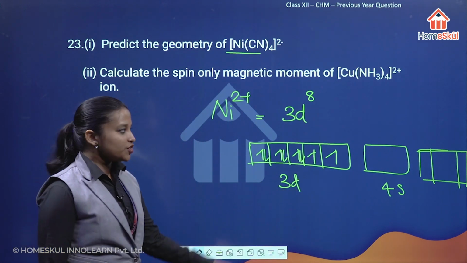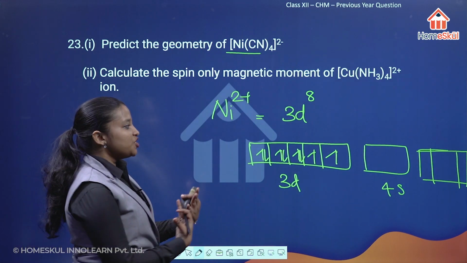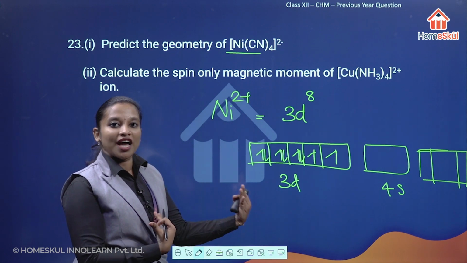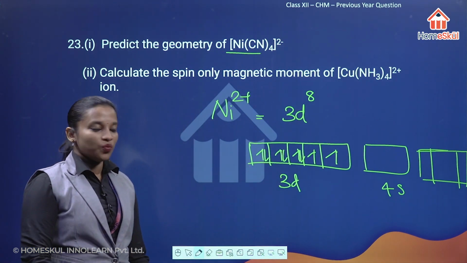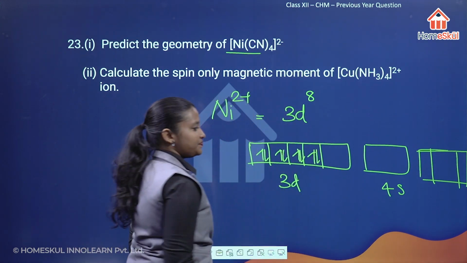Okay, this is the ground state of this Ni2 plus ion. Okay, so let's find the geometry. In order to find geometry, we have to know what? Hybridization. Okay, here when it is in excited state, what happens? The unpaired electrons get paired.